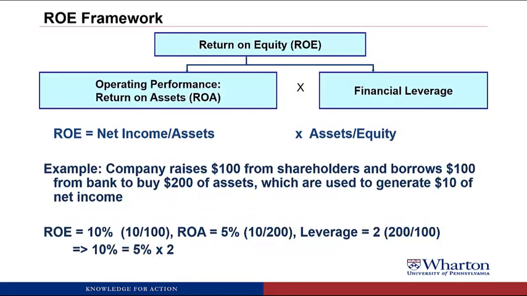Or let's say that we keep leverage at 2, but we find a way to operate the business more efficiently to get the performance or the ROA up to 10%. Then we'd have 10% ROA times a leverage of 2 would give us ROE of 20%. So either operating performance or leverage can get you to a high ROE.